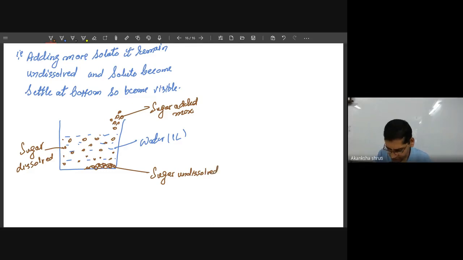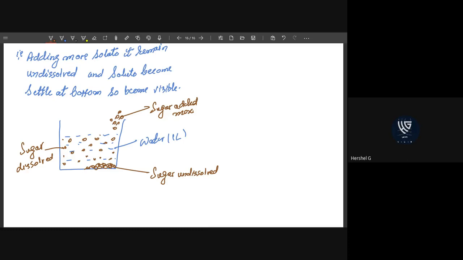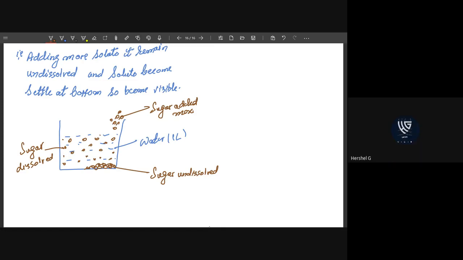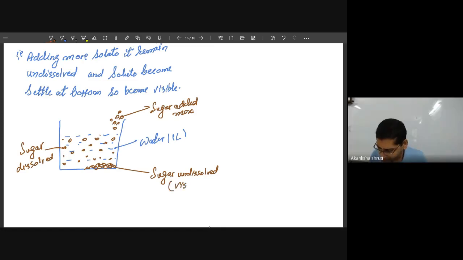Even if you stir the bottom sugar, it will not dissolve. It will rise up and later settle down again. So the undissolved sugar is visible, but those which are dissolved are not visible. Students, you have to keep this in mind.